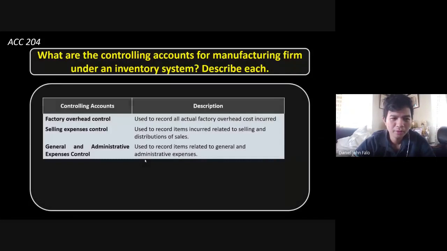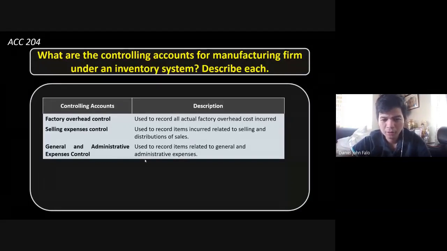And we have also yung factory overhead control. So take note, this is used to record all actual factory overhead costs incurred. So before the start of the production, di ba we are using standard cost or the budgeted costs.